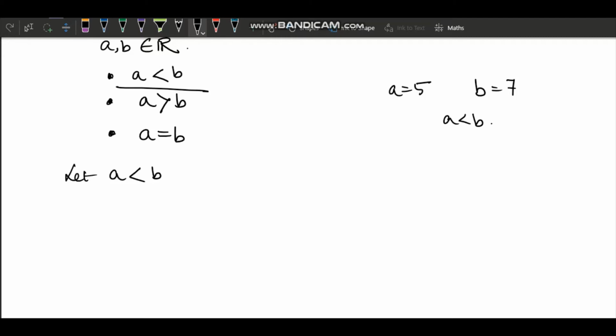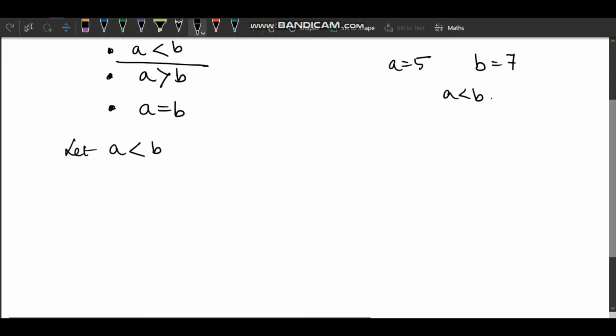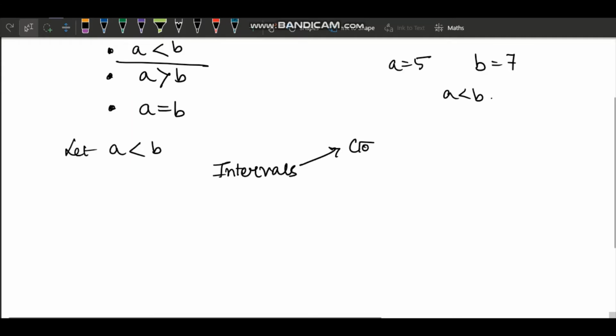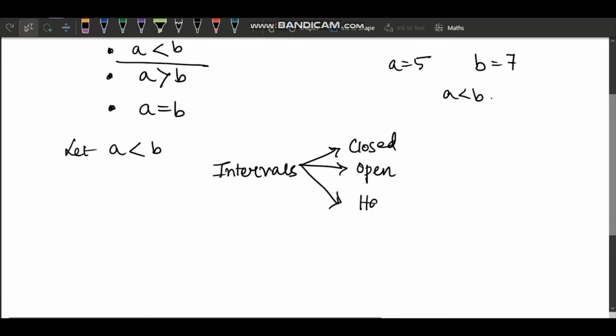Now, how many types of intervals are there? There can be 4 types of intervals. Intervals can be closed, intervals can be open, and intervals can be half closed. You may call this half open also.